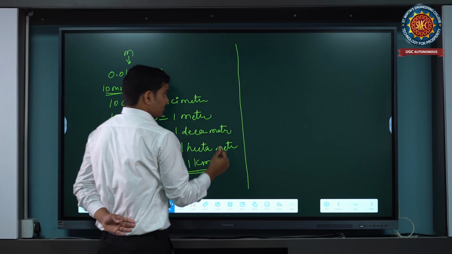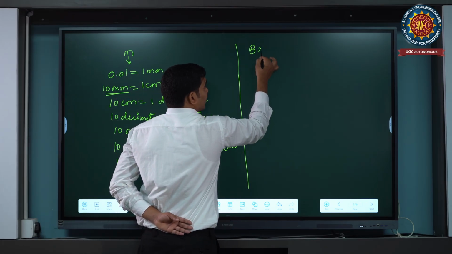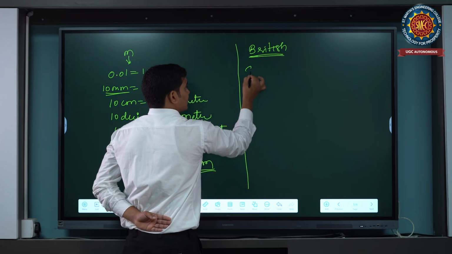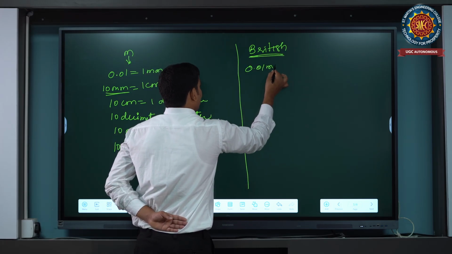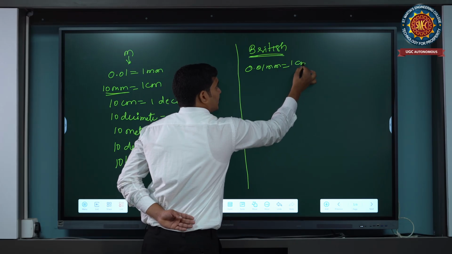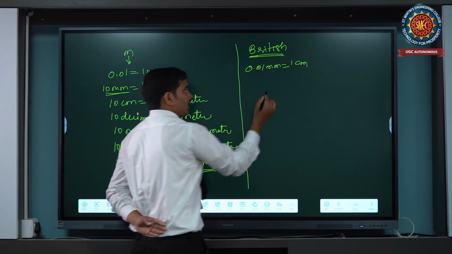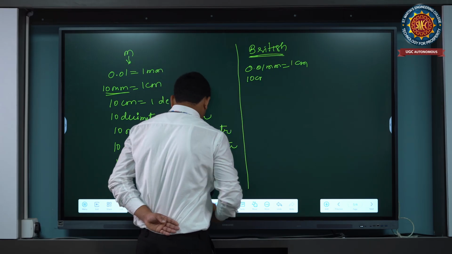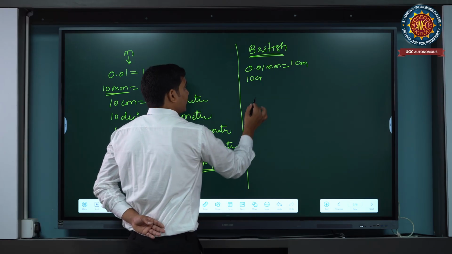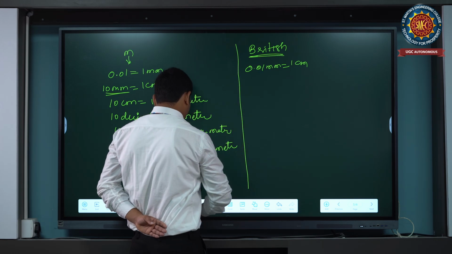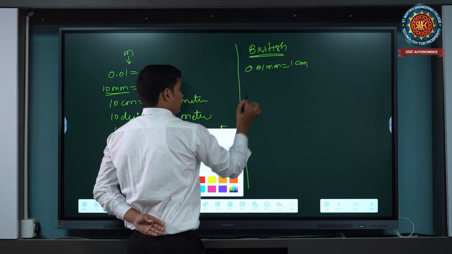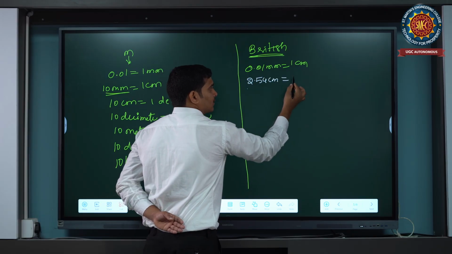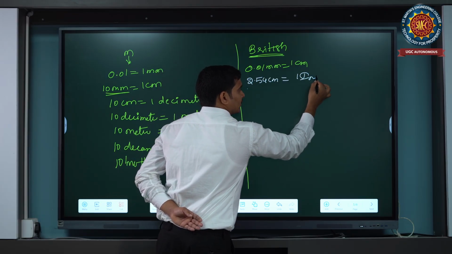Now here we are discussing the British standards. For example, 0.01, the mm equal to 1 centimeter. We know the 1 centimeter, right? Here 2.54 centimeters equal to 1 inch.